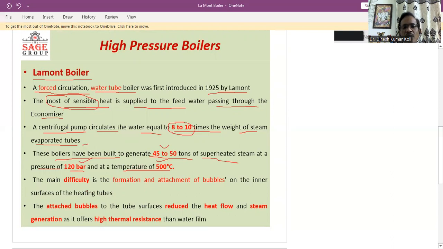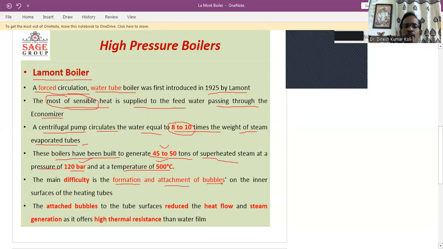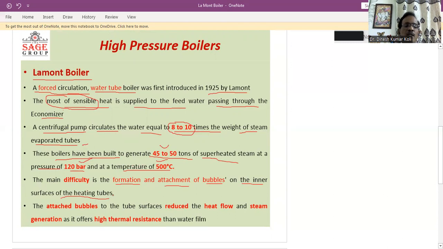But in this boiler, there is a main difficulty, and this difficulty is the formation and attachment of bubbles on the inner surface of the heating tubes. It means, because it is a water tube boiler, water flows inside the tubes. But when the water is converted to steam, bubbles form, and the bubbles are attached on the inside surface of the tube.